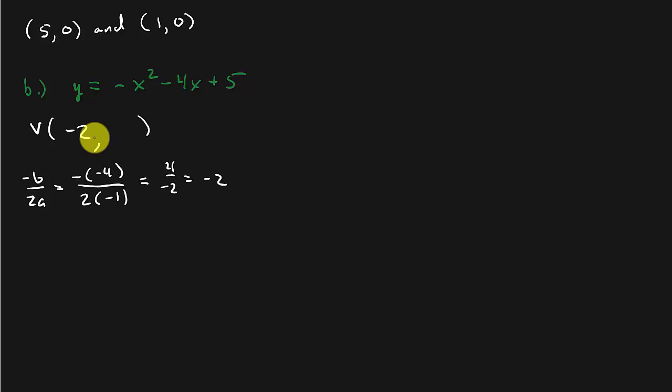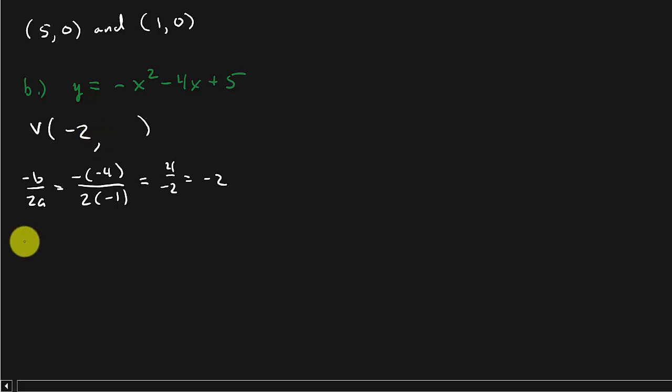Now let's get our y coordinate. y of negative 2 is negative 2 squared minus 4 times negative 2 plus 5.